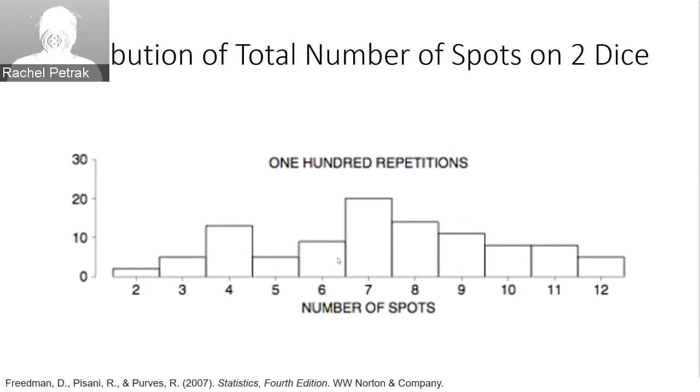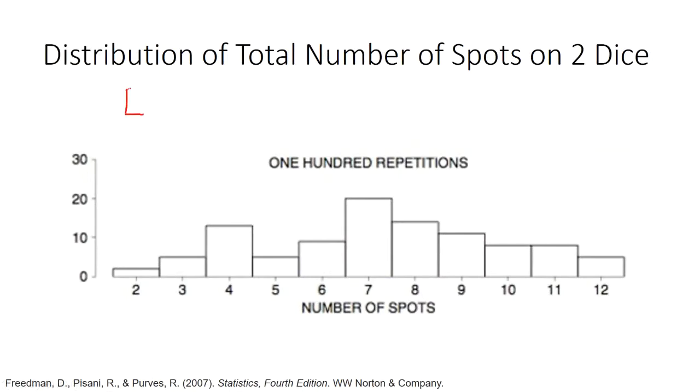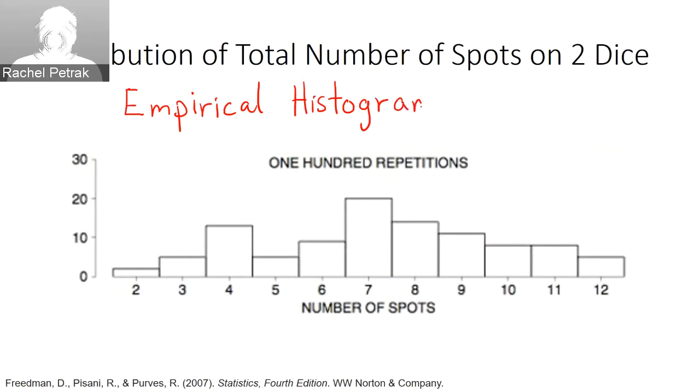But what we're looking at right now are our actual observed probabilities. So you can see this is an empirical histogram. And this empirical histogram is distinct from a probability histogram. We'll get to a probability histogram though.